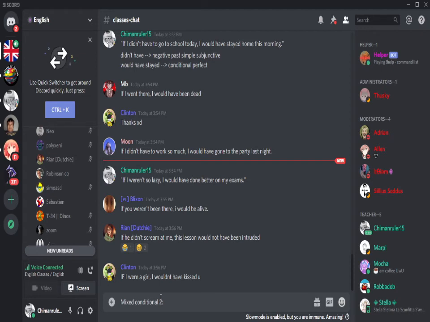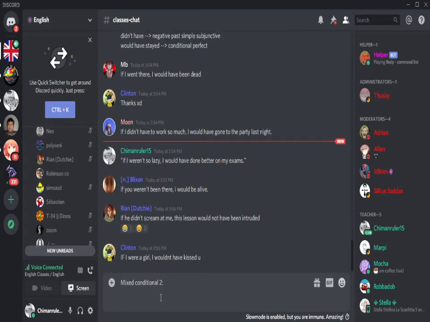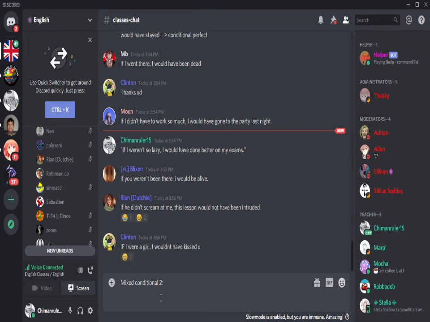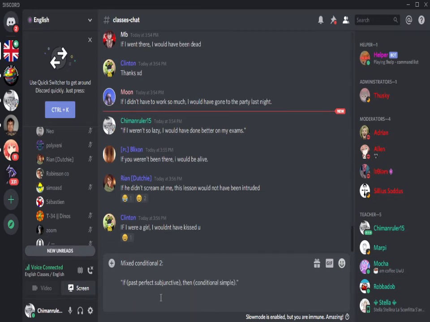Okay, mixed conditional 2 takes the form of, it's like the other way around. So, if past perfect subjunctive, then conditional simple. And you might see some grammar sources list these as mixed conditionals 1 and 2, but the other way around. But it really doesn't matter. I just picked an arbitrary number for these conditionals.